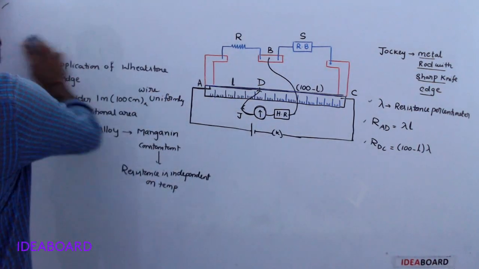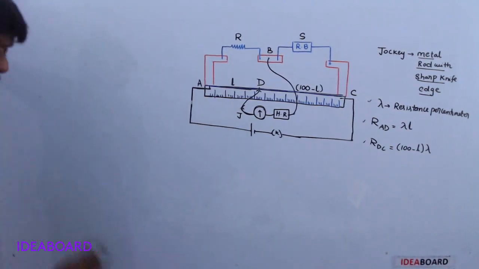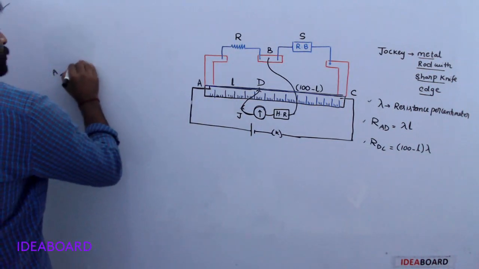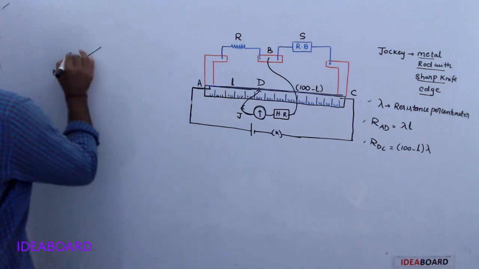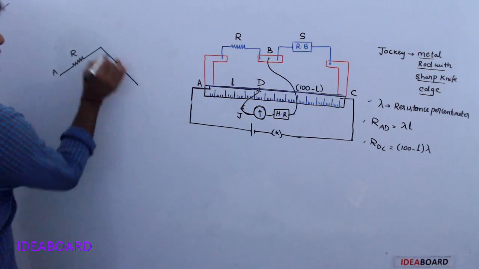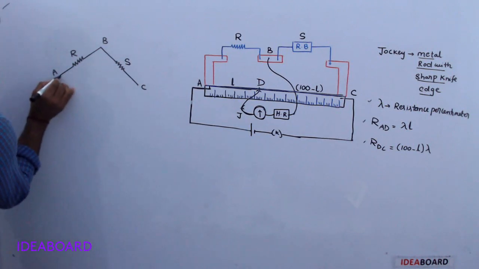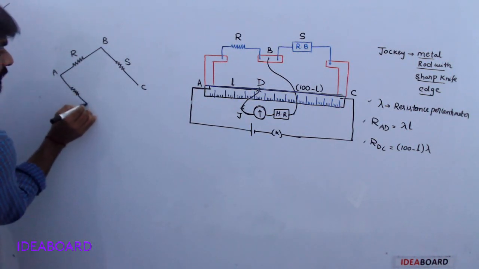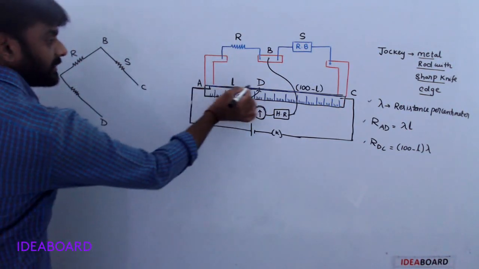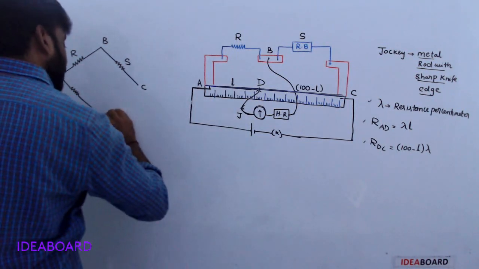So for our convenience, I draw here the Wheatstone bridge. See, A to B, it is the unknown resistance. B, C, it is the standard resistance. Now, this point is D. Resistance of AD.